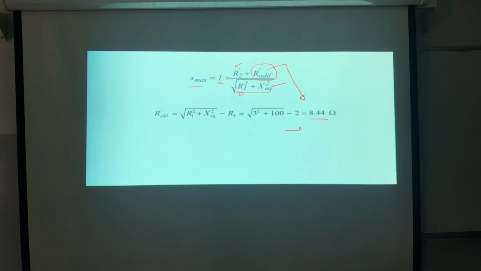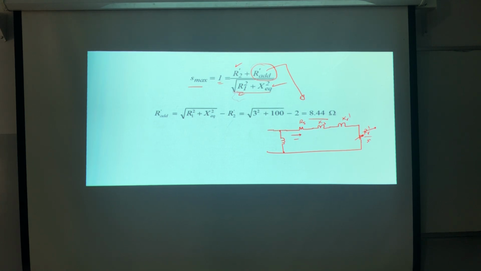Now, if we assume that this is the RS, XS, XR dash. Here I'm having the R dash over S. Now this one is modified. This one's changed. And here I'm assuming that this is the magnetizing branch.